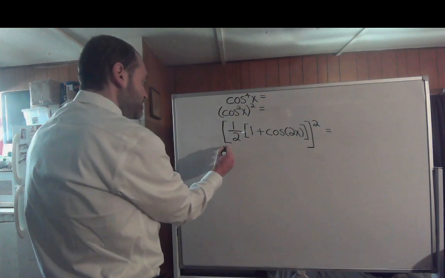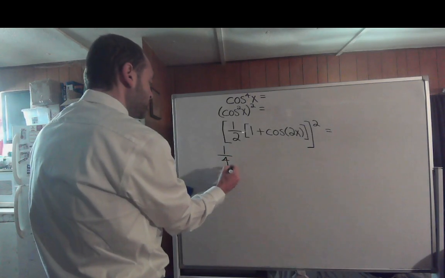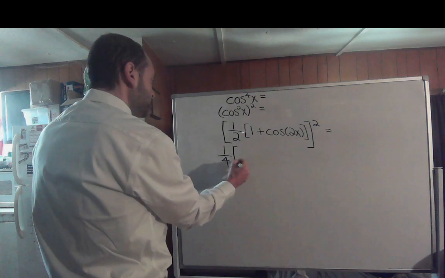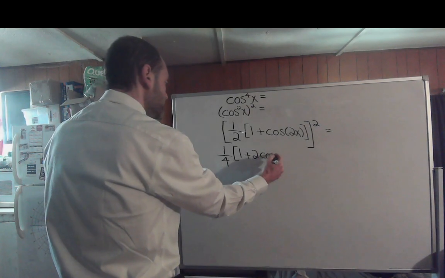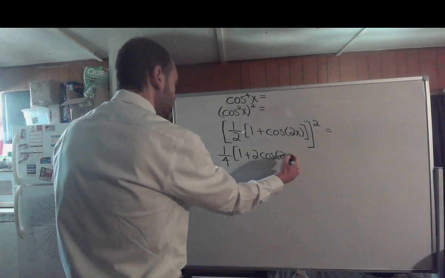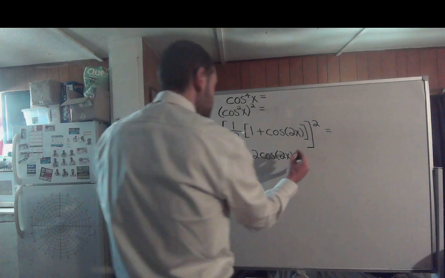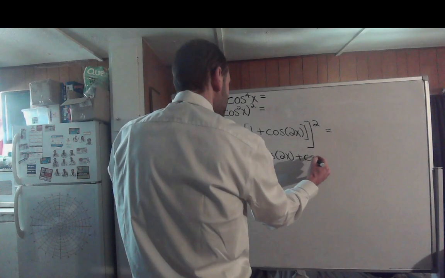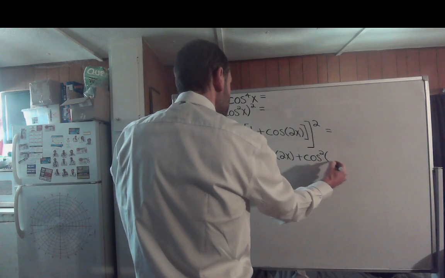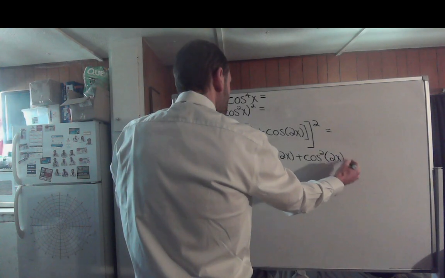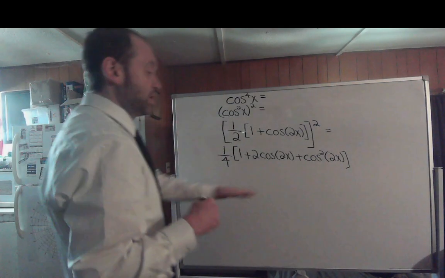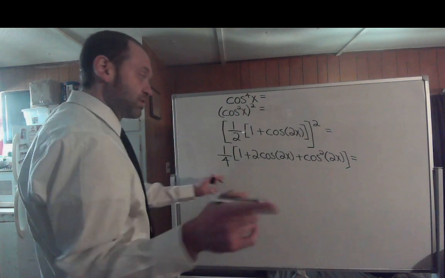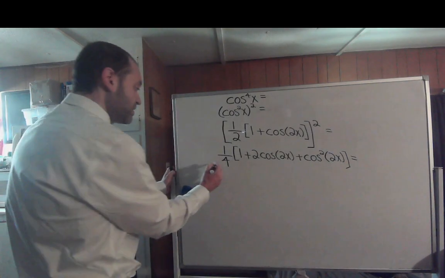So this would turn into 1/4 times 1 plus 2 times the cosine of 2x plus the cosine squared of 2x. Well, we still have a cosine squared. We need to get this into a cosine to the first term. No big deal, we can do that, but first, why don't we distribute this 1/4?